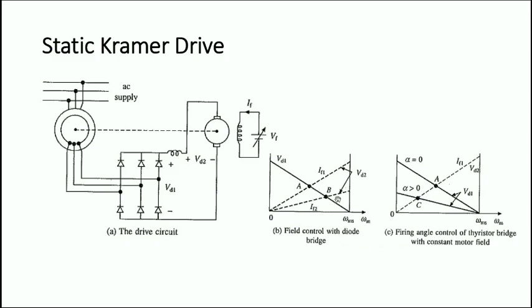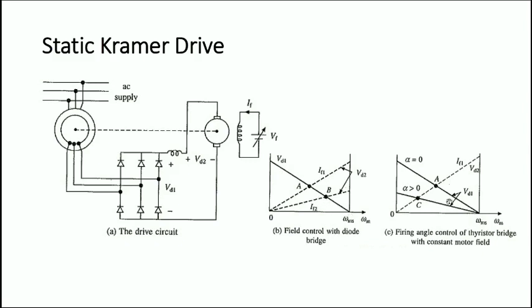So we have to find some other solution to vary the speed further. The speed variation we can obtain from 50 percent to synchronous speed is by changing the field. If you want to reduce it further, consider this as the maximum value of IF1. To change the operating point towards lesser speed, you have to vary VD1. Now we don't have any option to vary IF1, so we have to vary VD1. If you are reducing VD1, you get a line like this.